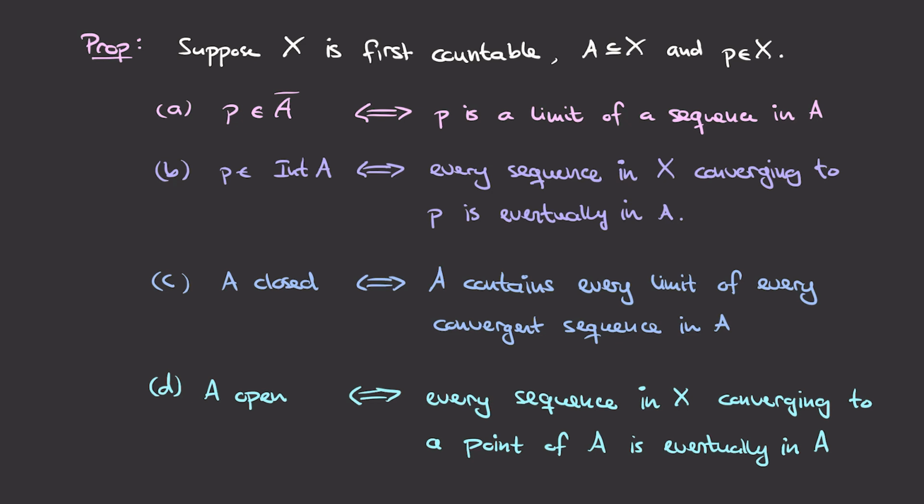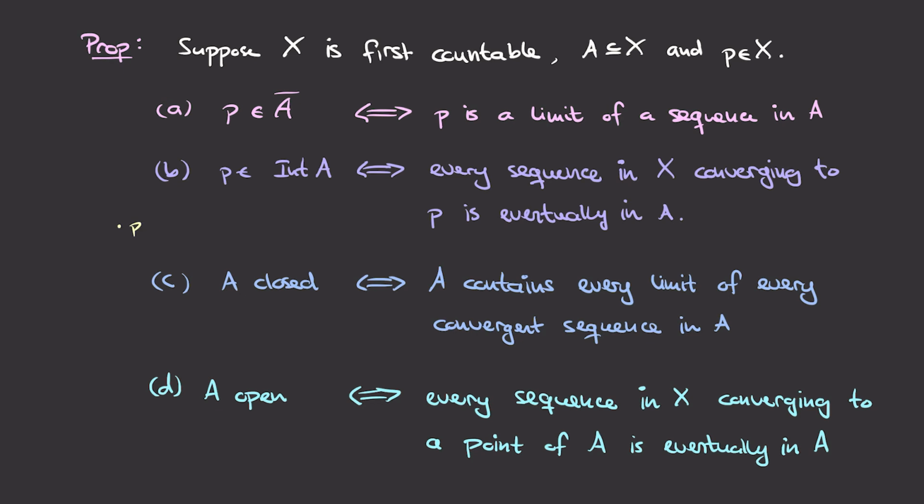Now I won't be proving this proposition, however I'll give some hints at why it's true. Let's start with point A. Now the first thing one needs to do is to observe that if one has a neighborhood basis at P, then one can assume that the elements of the neighborhood basis are nested. So this means that the elements of the neighborhood basis lie within a chain of inclusions.